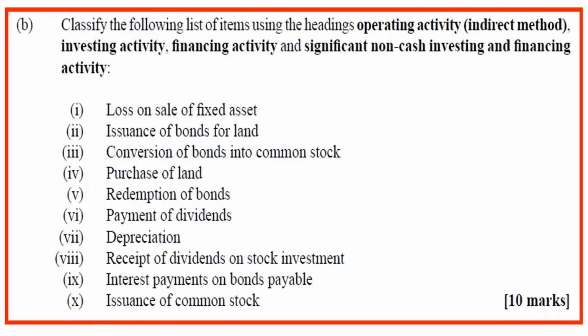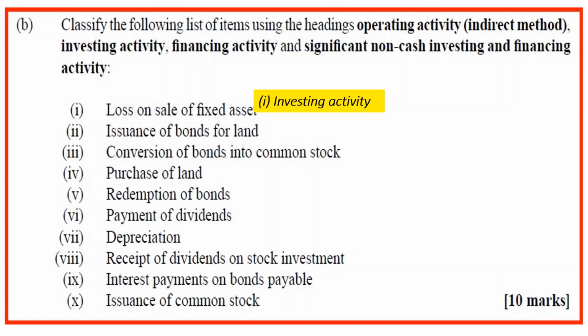B. Classify the following list of items into the headings operating activity, indirect method, investing activity, financing activity, and significant non-cash investing and financing activity. First item we have is a loss on sale of fixed assets, and that will be classified as an investing activity.